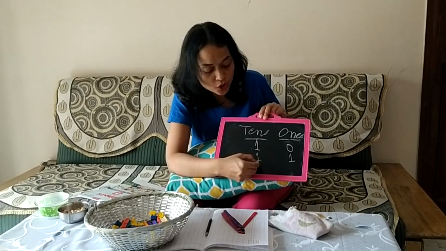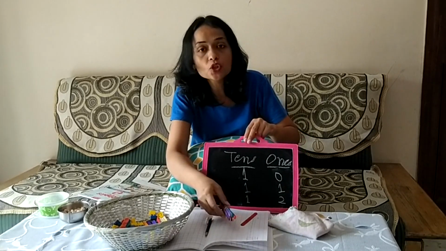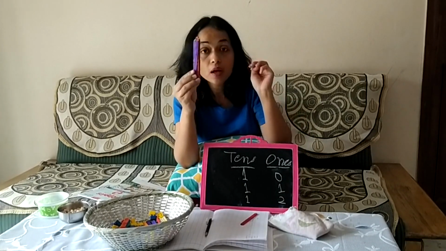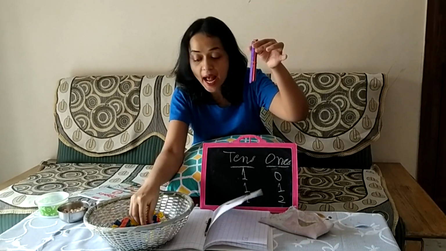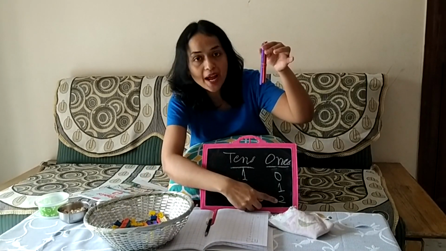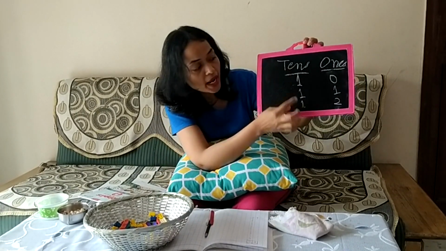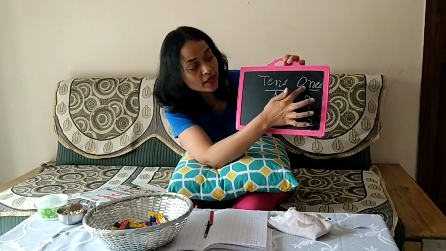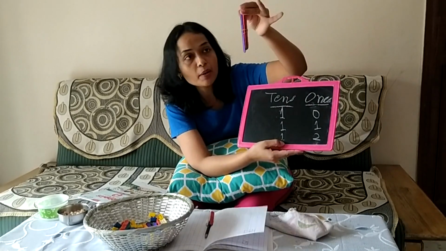Now if I have 12, what do I need to do? I have one bundle of 10 objects, and I need 2 more. You can see under tens I have 1, and under ones I have number 2. So I already have one bundle.